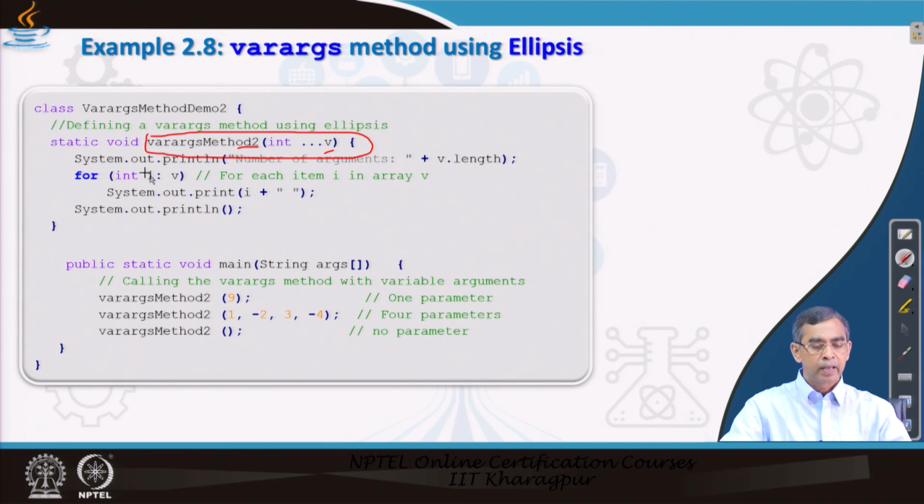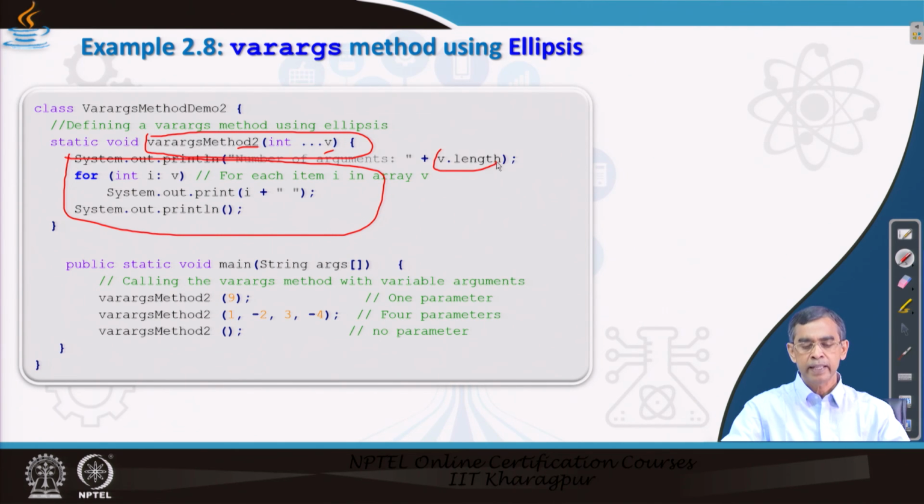Then here we have a simple statement that prints the array of values that will be passed to it, and v dot length is another value that it prints. So it is very simple: we pass an array, and the array elements will be printed in this method using the for each statement.